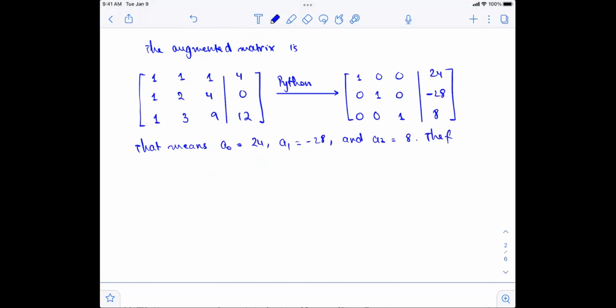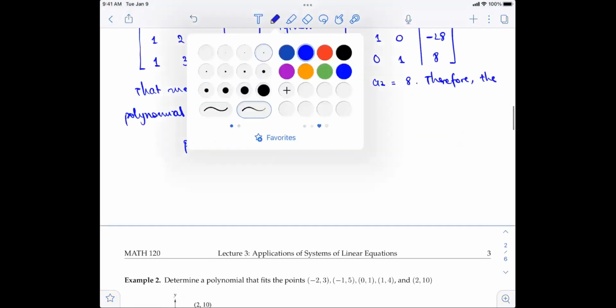Therefore, the polynomial function is P of x is equal to 24 minus 28x plus 8x squared. Right. And again, this is a polynomial function of degree 2. And there's another name for that.